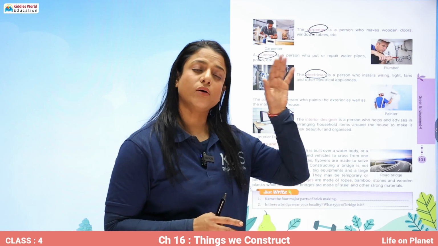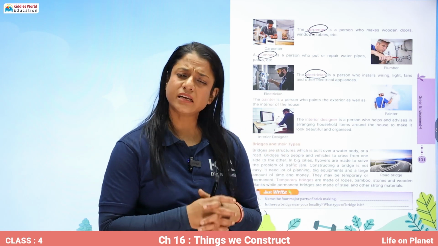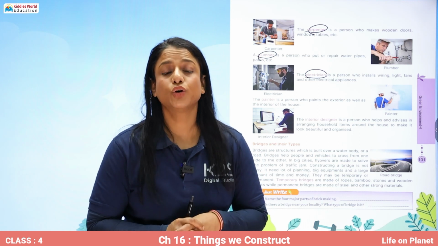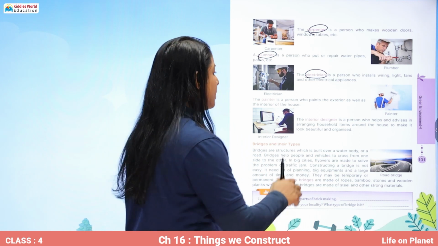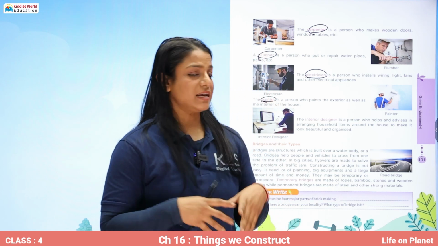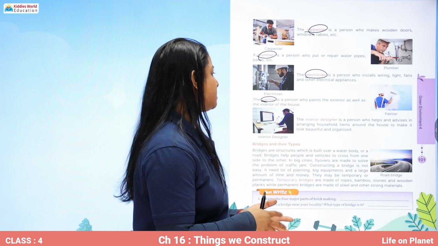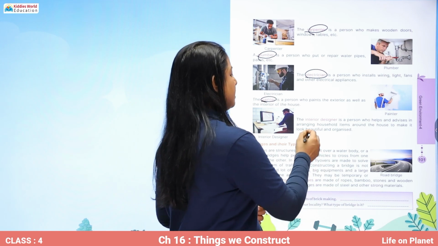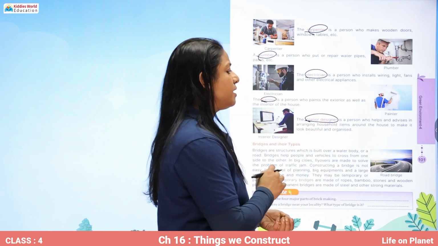That is why all these people have to be really skilled and really good at the work they do. Then comes the painter. That's a person who paints the exterior as well as the interior of the house. Then comes the interior designer.